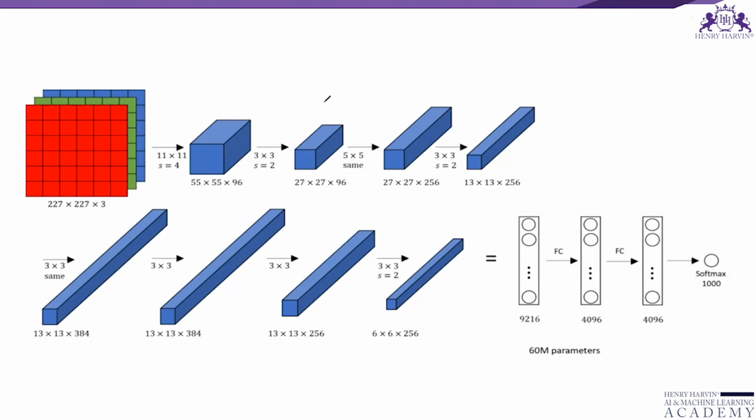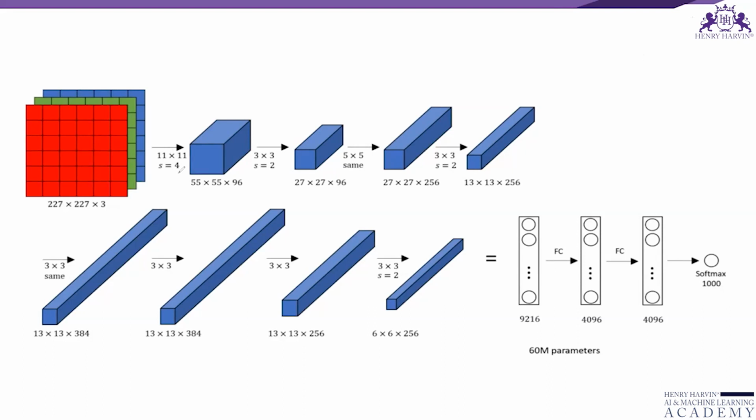Let me make it a little more clear so that there won't be any doubts from your end in this AlexNet, right? So what do we see over here? We have seen that the AlexNet input is 227 into 227, right? And we have seen that F is equal to 11, right?